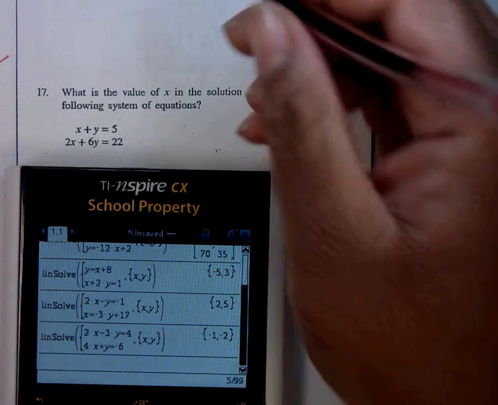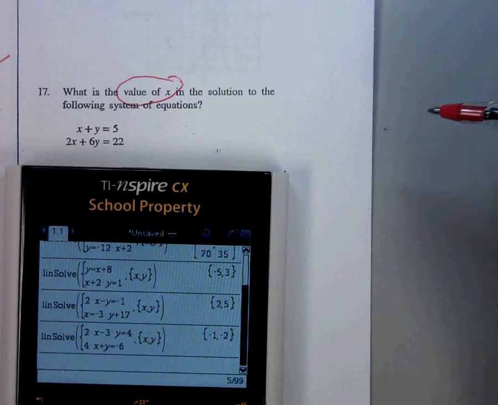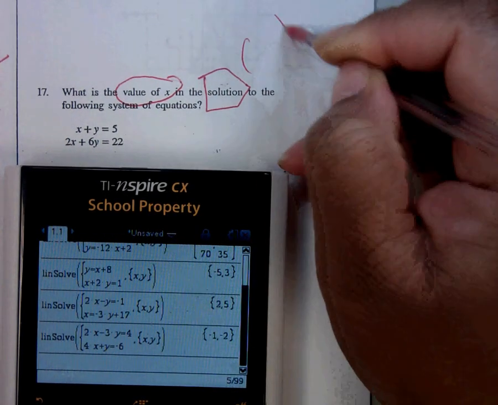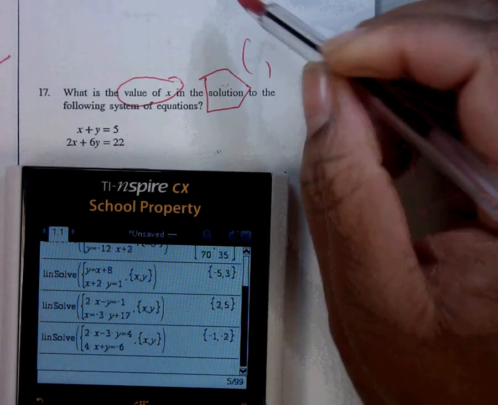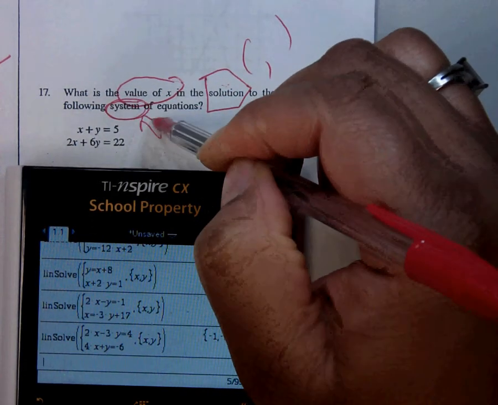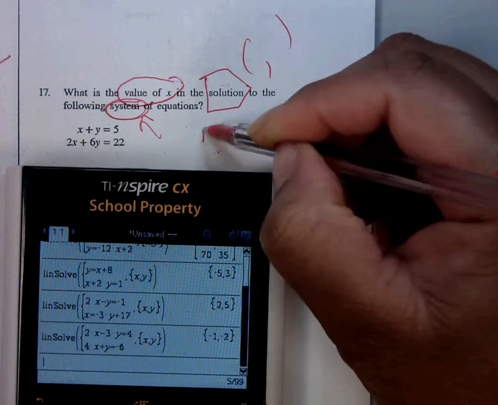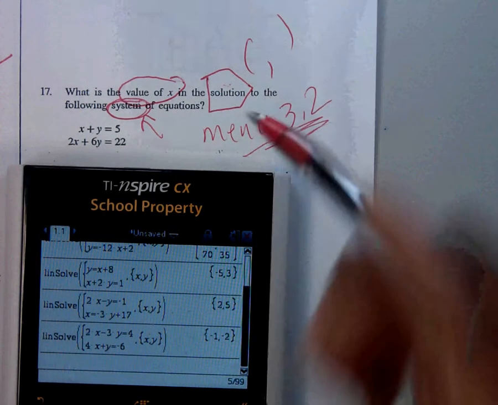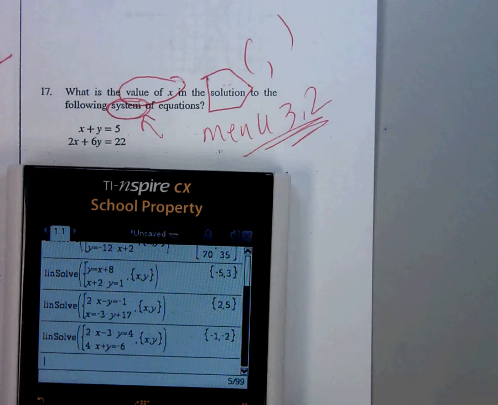Instead of the y value, it wants the, that's in the, so that means look at the point, and we're talking about a system. That's our key word to use. You got it. So let's do it.